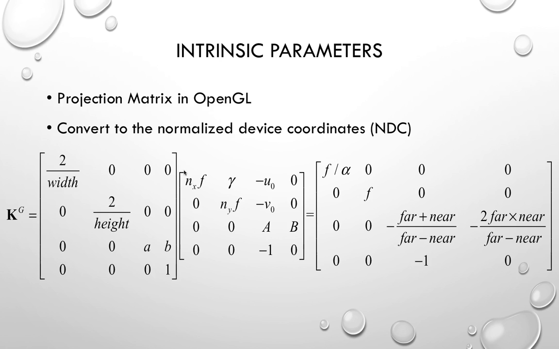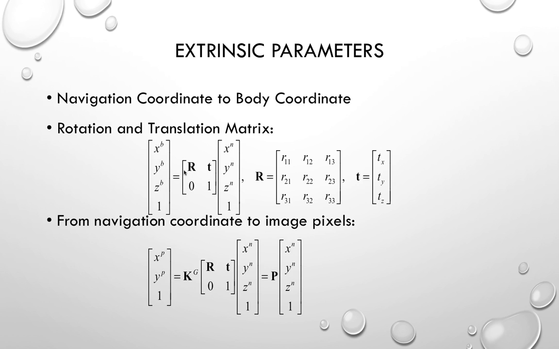We add one row to record the Z information. From the final K matrix, we know the far plane and near plane, so we can calculate the new K for the OpenGL system.